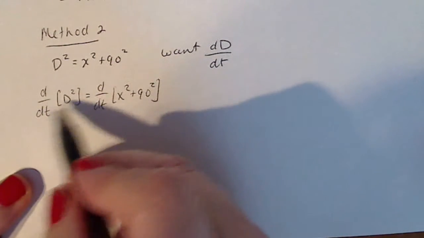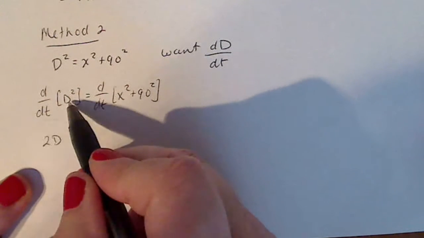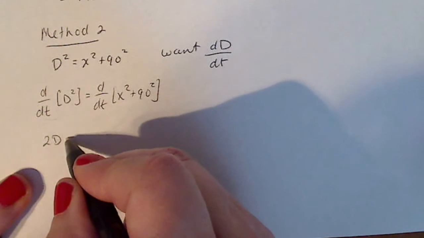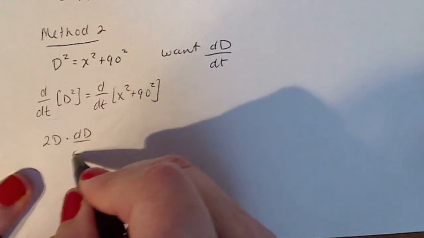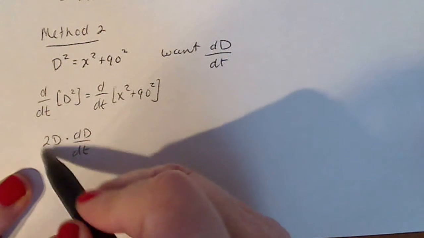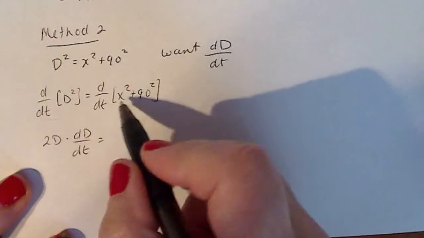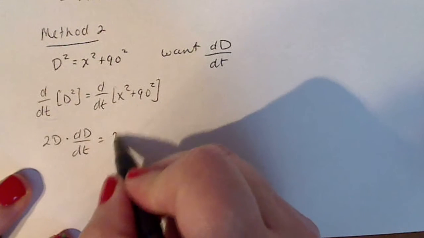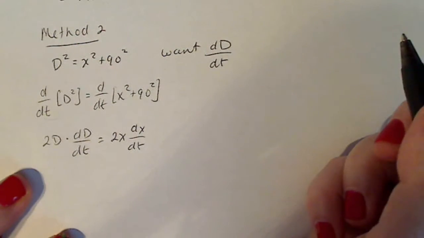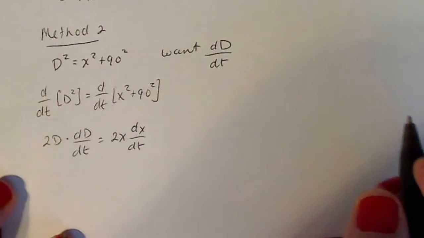I take the derivative of this guy as if these letters matched, and then I realize the independent and dependent variables aren't the same, so I have to add my dt. Again, that's a form of the chain rule: derivative of the outside, evaluated at the inside, times the derivative of the inside. I take the derivative of x squared in the same way, dx/dt, and the derivative with respect to t of 90 squared is 0, because 90 is a constant.